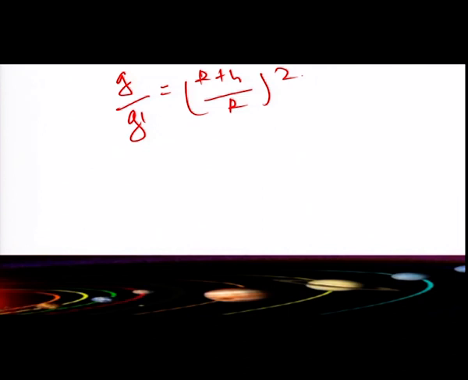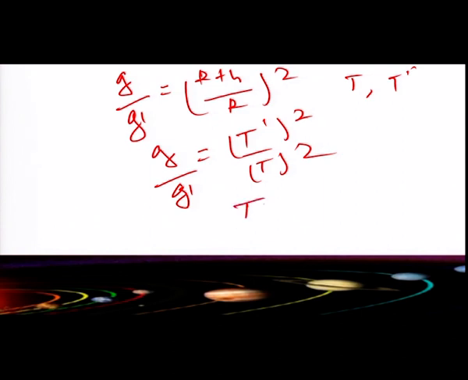Let t and t dash be the periods on the earth and on the top of the hill. Therefore, I can write g by g dash is equal to t dash by t the whole squared.